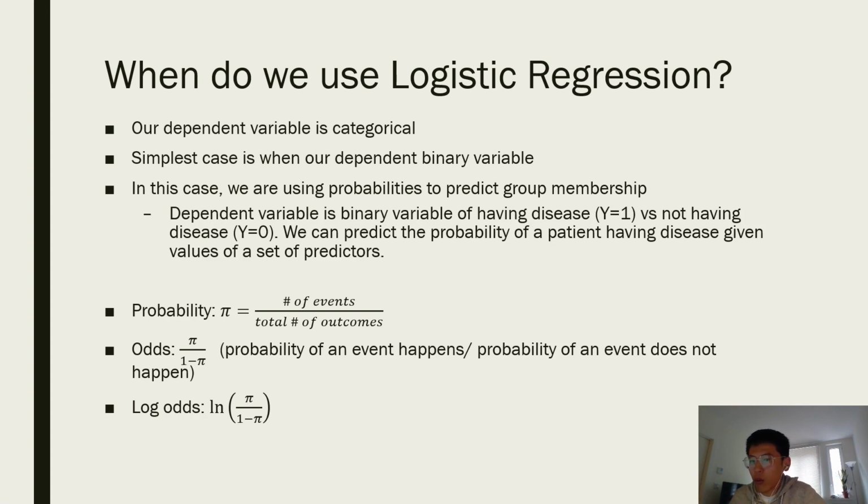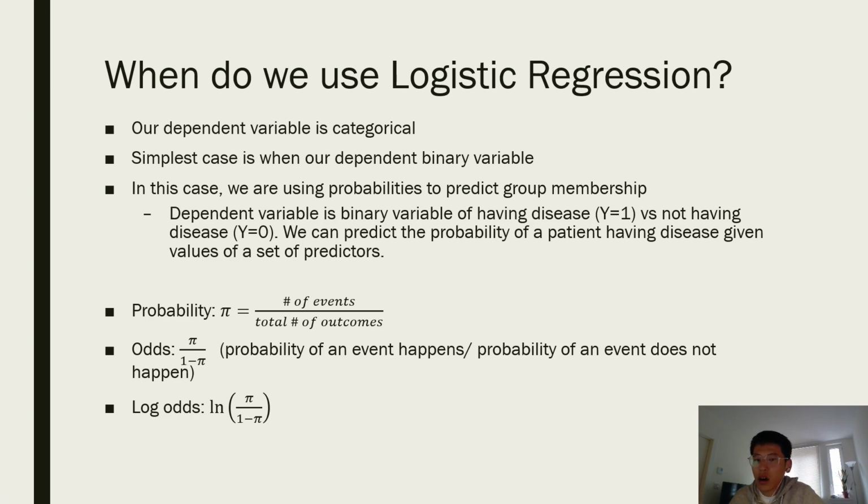Here we can quantify our probability by this symbol pi, which is a population parameter. The pi equals the number of events that happen divided by the total number of outcomes. Okay, so this is the definition of probability.